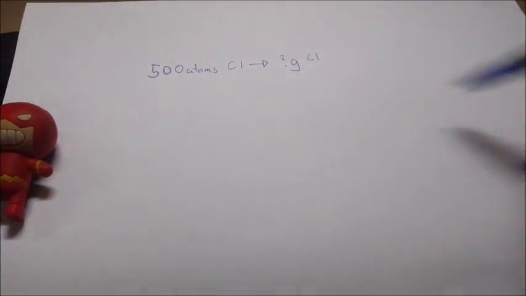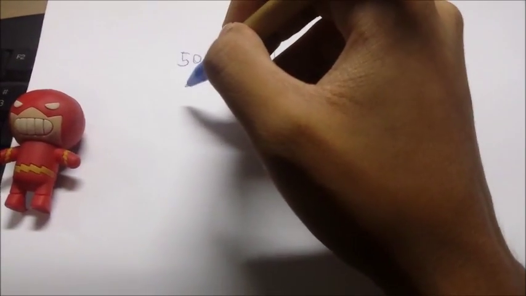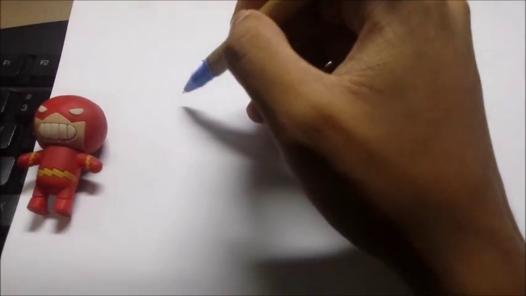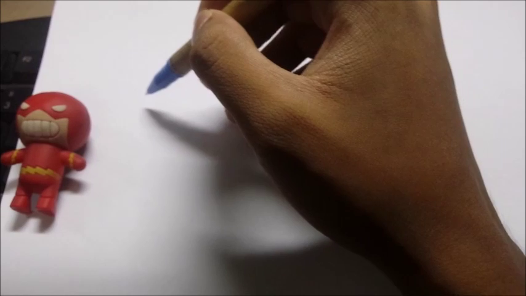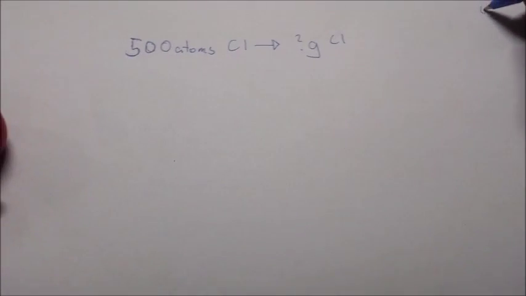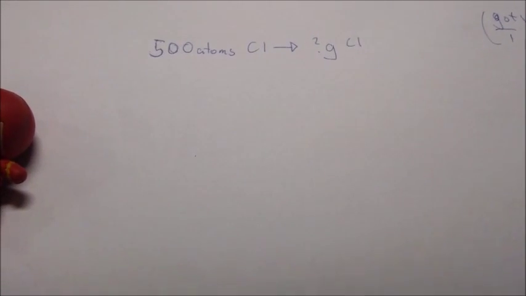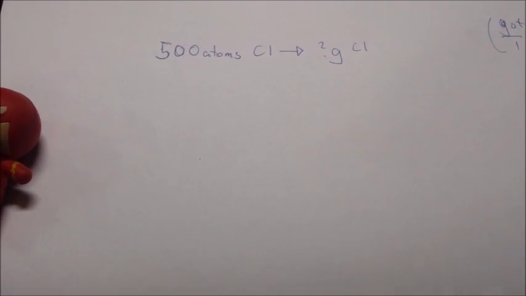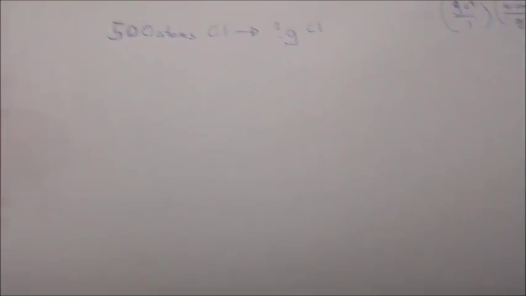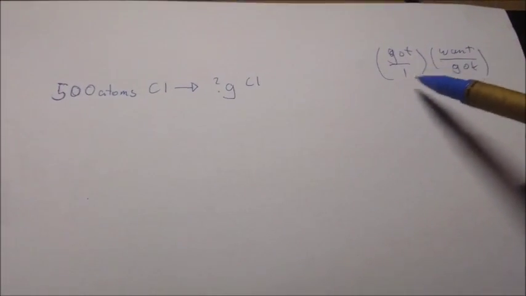You're going to have to multiply the three factors right here. First, always remember that form I told you earlier: what you got over 1 times what you want over what you got. This form is very handy.